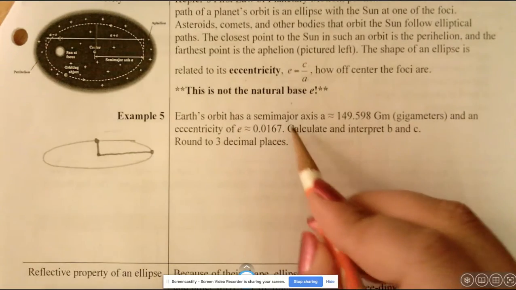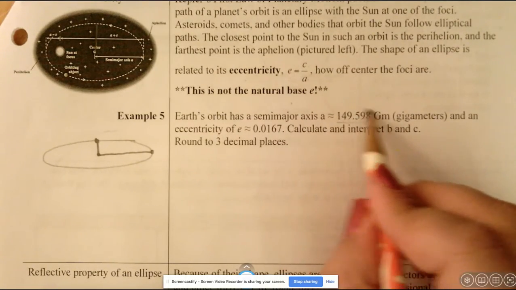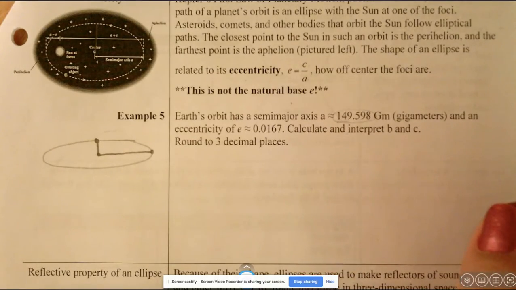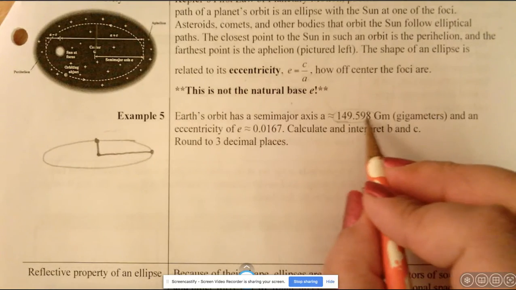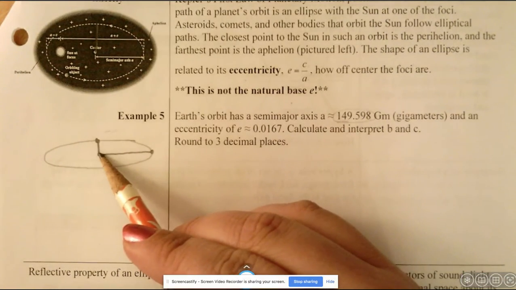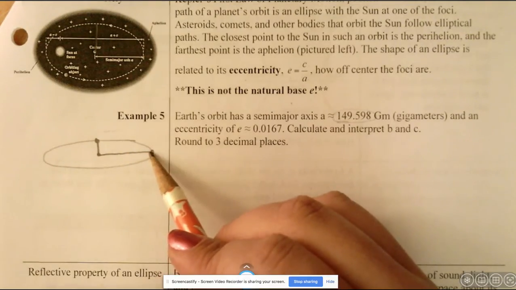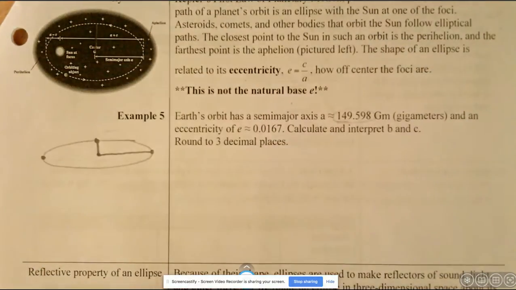So we're talking about the distance from the center to a vertex is 149.598 gigameters. Okay, so that actually tells us the distance from the center to our points of aphelion and perihelion, our vertices.